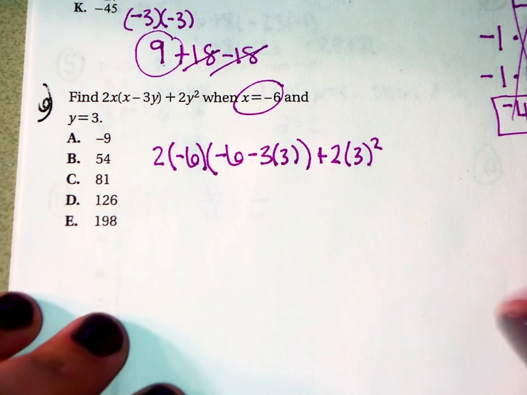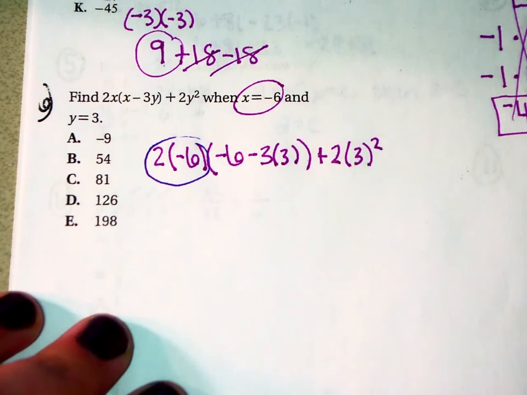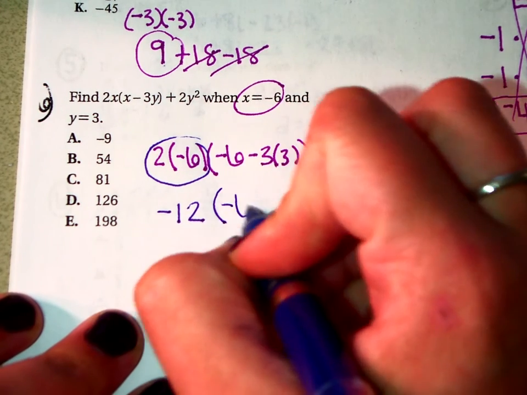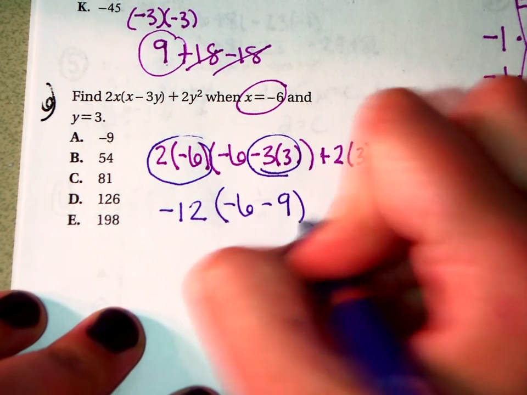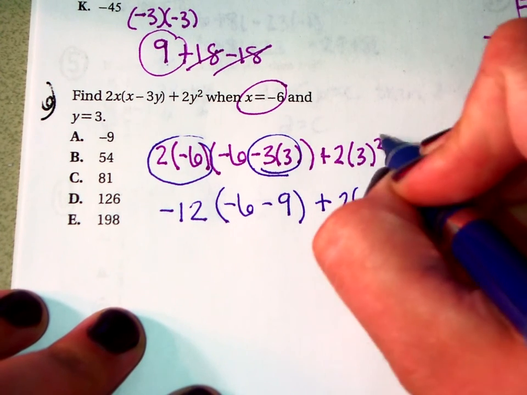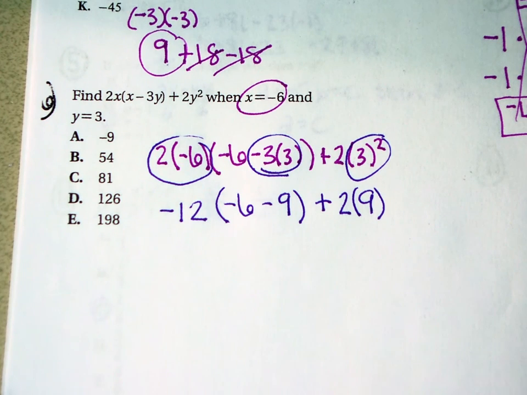All right, let's continue. So I'm going to go ahead and group these together. 2 times negative 6 is negative 12. I'm going to bring down that negative 6, and then I have negative 3 times negative 3, which is negative 9, plus, bring down that 2 times 3 squared is 9. All right, let's continue.